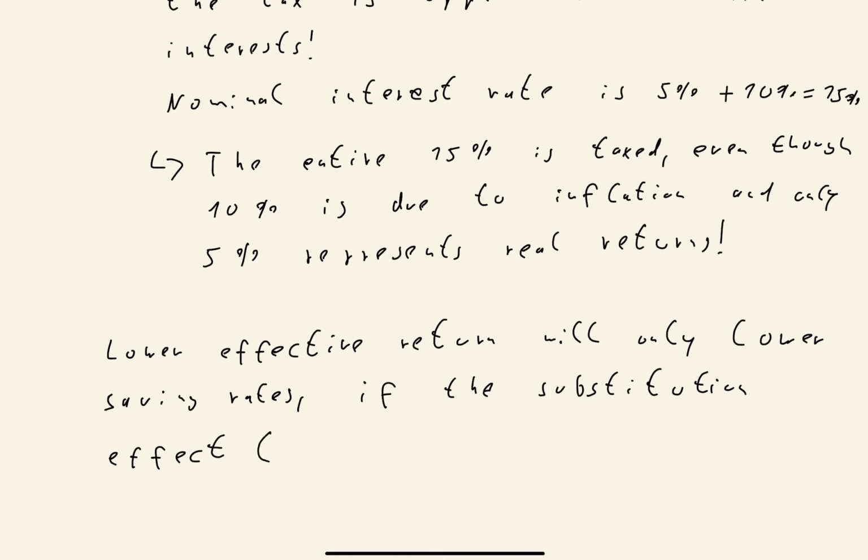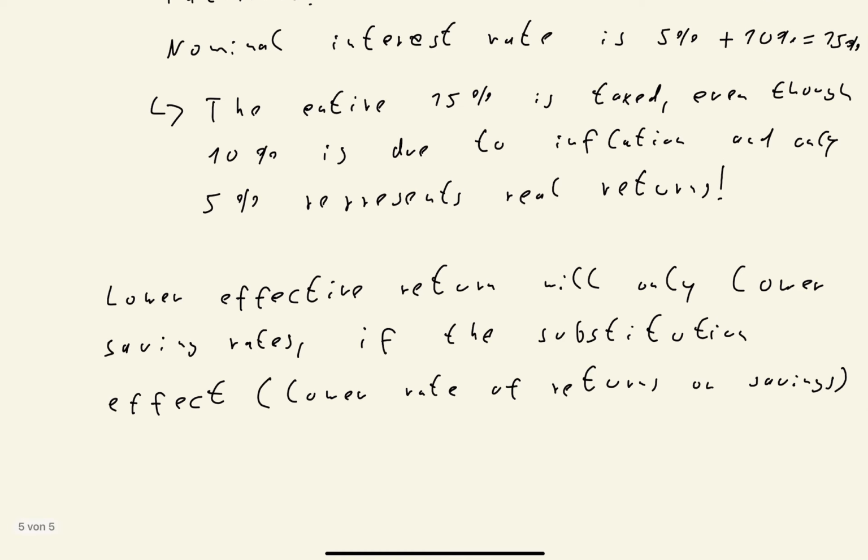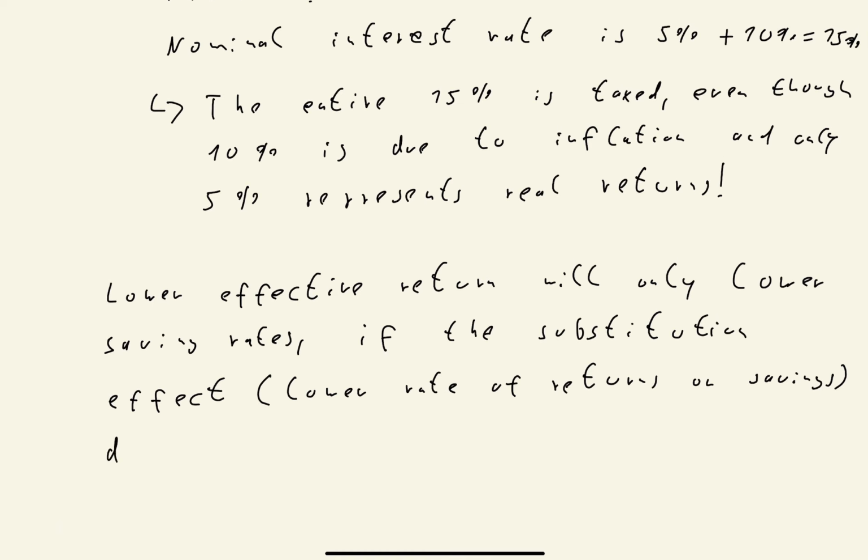We can also write down what the substitution effect here is, and basically it's the lower rate of returns on savings. So if the substitution effect, which is negative, dominates the income effect.